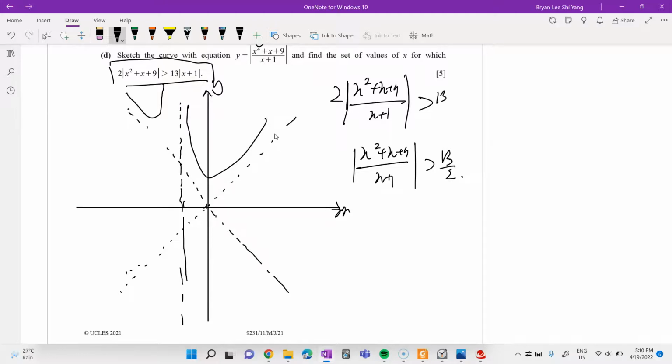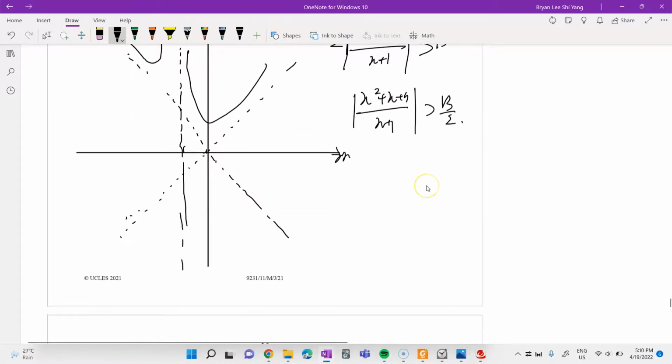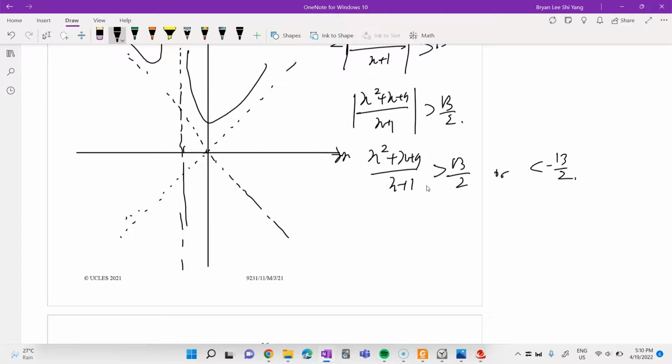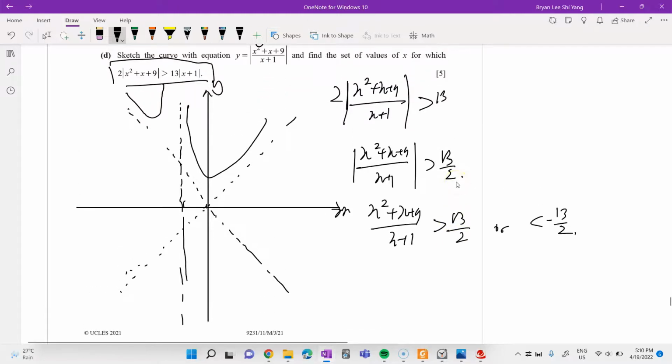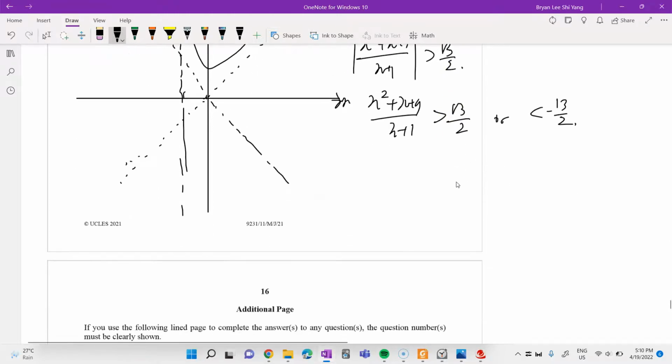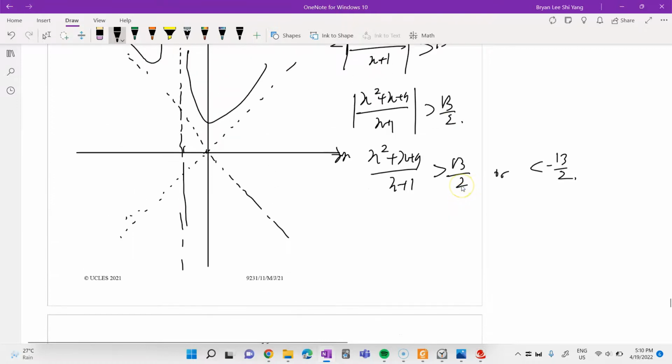But this basically means that if I were to remove this absolute value, then x squared plus x plus 9 over x plus 1 is either still larger than 13 over 2 or smaller than negative 13 over 2, right? Because if my value is an even more negative number, when I reflect it, then it becomes larger. So let's find a few.